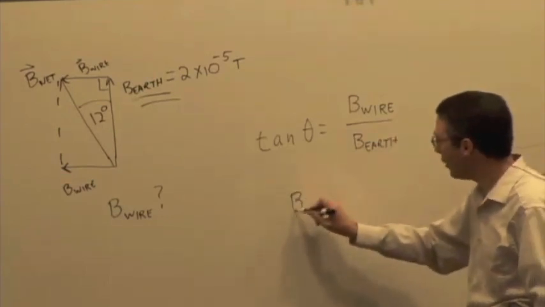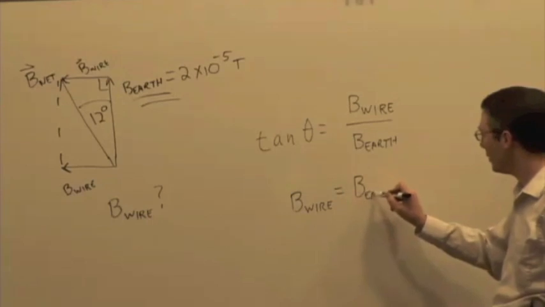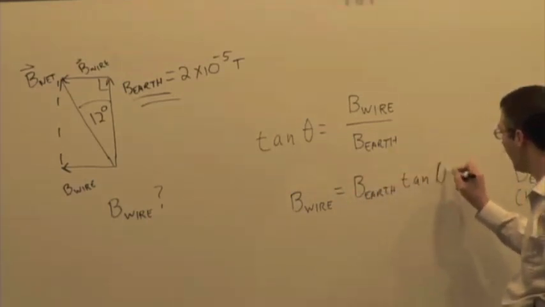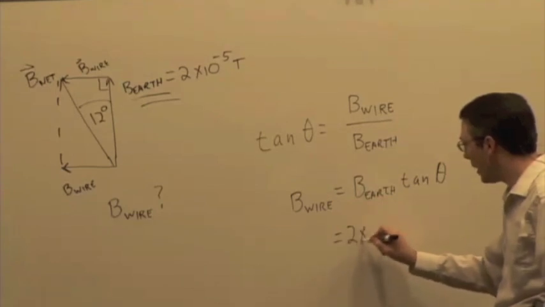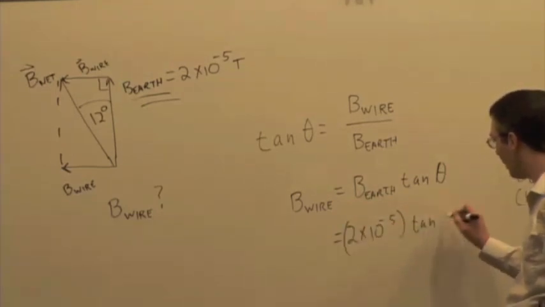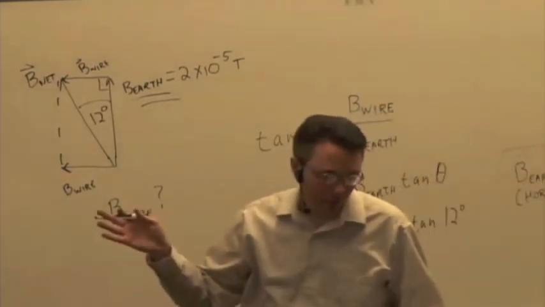And then I can just solve for it. So we have 2 times 10 to the minus 5 times the tangent of 12 degrees. What's that give us?